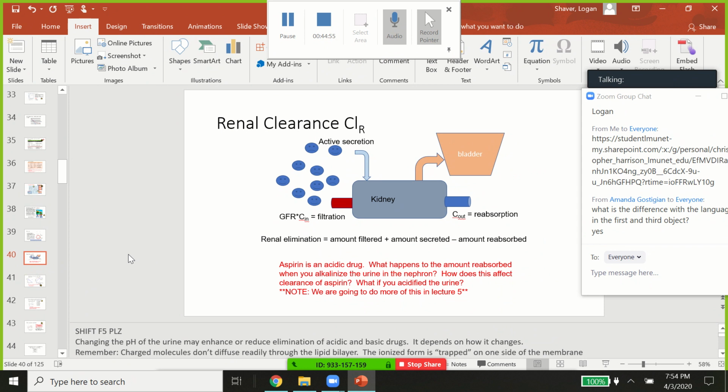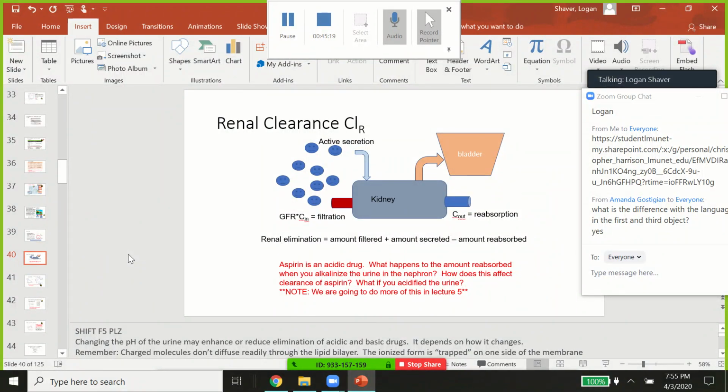So aspirin's an acidic drug. What happens to the amount reabsorbed when you alkalinize the urine in the nephron? Since that acidic drug's in a basic environment, it's not able to be reabsorbed because it's ionized, right? So therefore reabsorption would go down. Makes sense, and therefore the amount reabsorbed would go down.